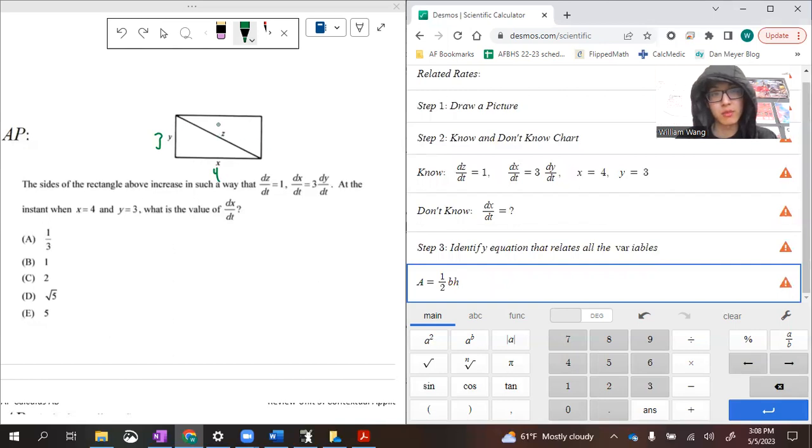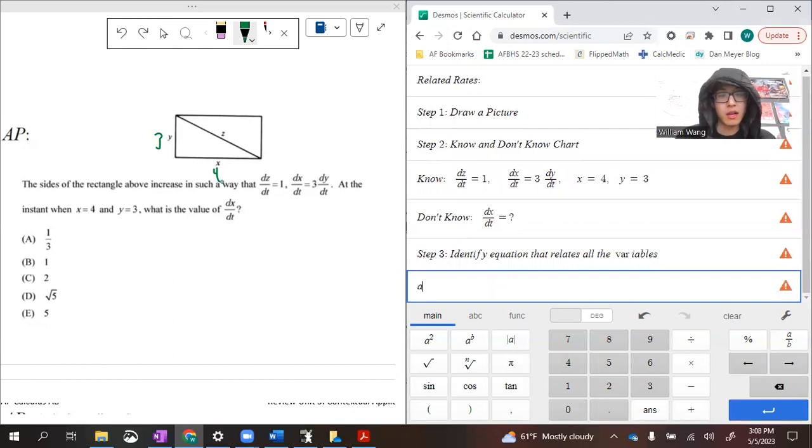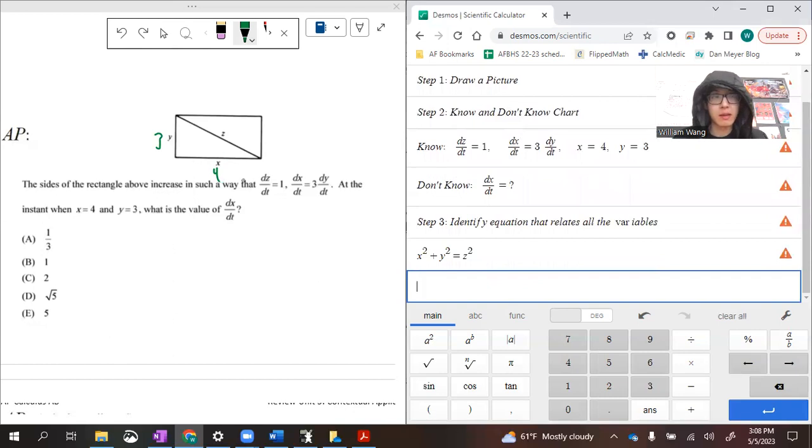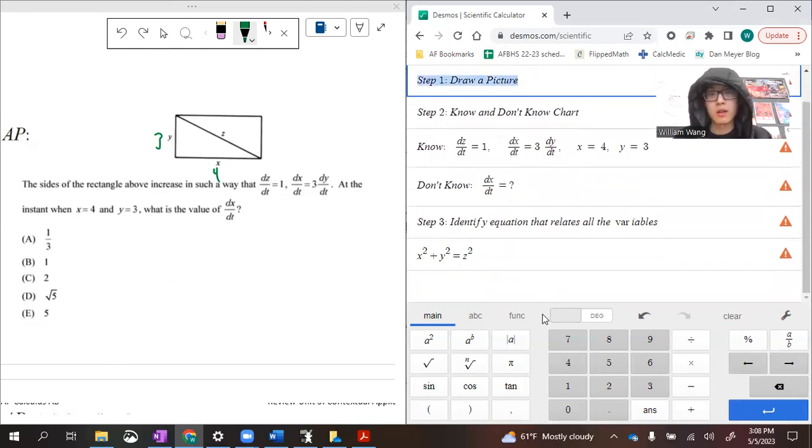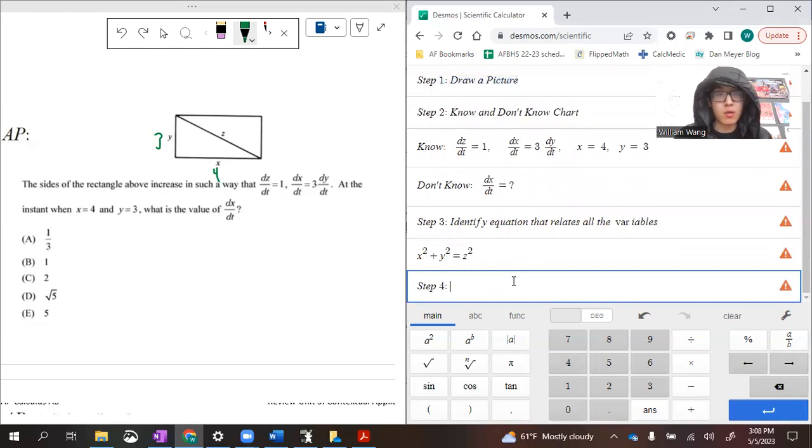I can clearly see we're really dealing with a triangle. So the equation we're much more likely to deal with is the Pythagorean theorem. Basically, a squared plus b squared equals c squared, or in this case, x squared plus y squared is equal to z squared. That's the equation that relates my x, y, and z, the stuff that's labeled in my picture.